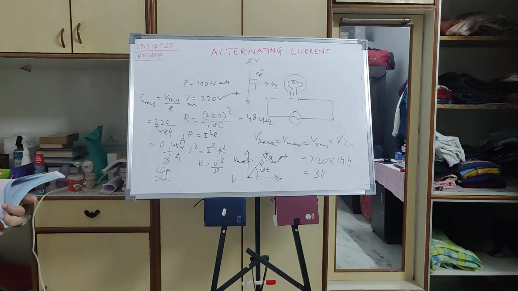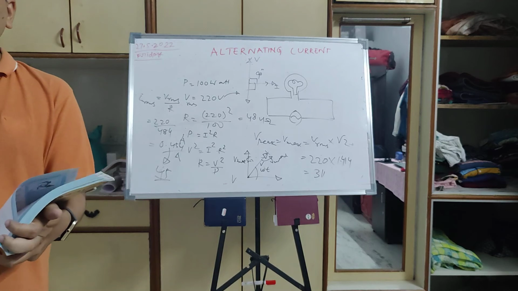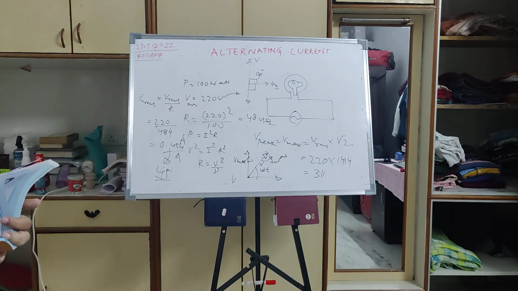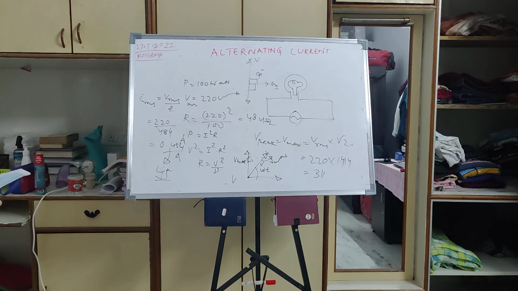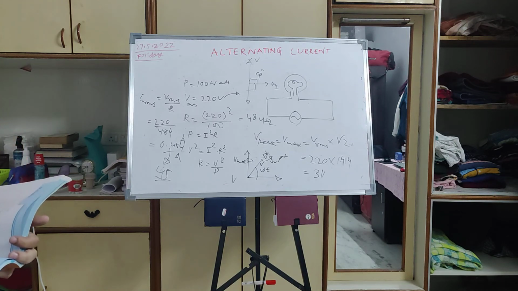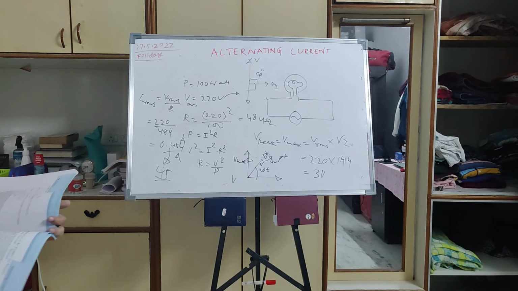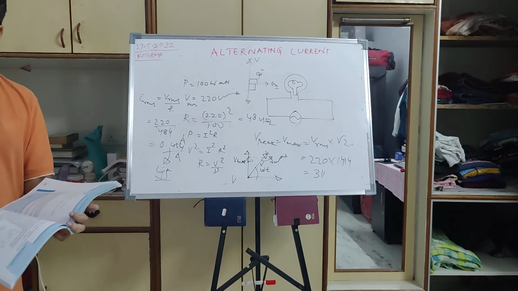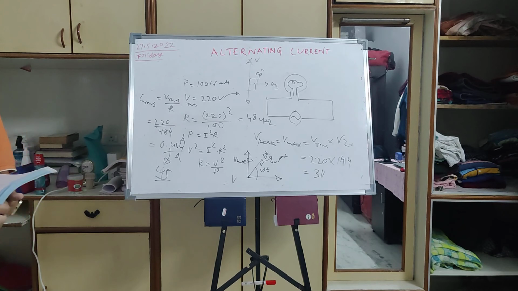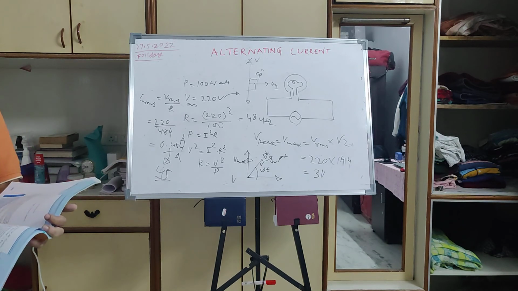But in a pure capacitive circuit, voltage will lag current by 90 degrees. In a pure inductive circuit, voltage will be ahead of current by 90 degrees. In an RC circuit also, it will lag, because for resistance it will be in the same phase.